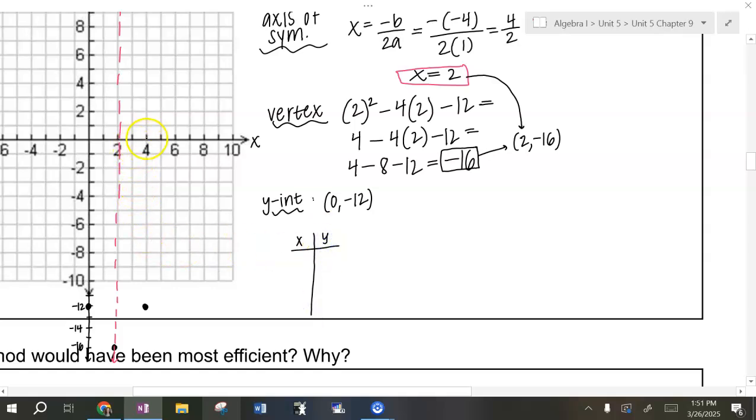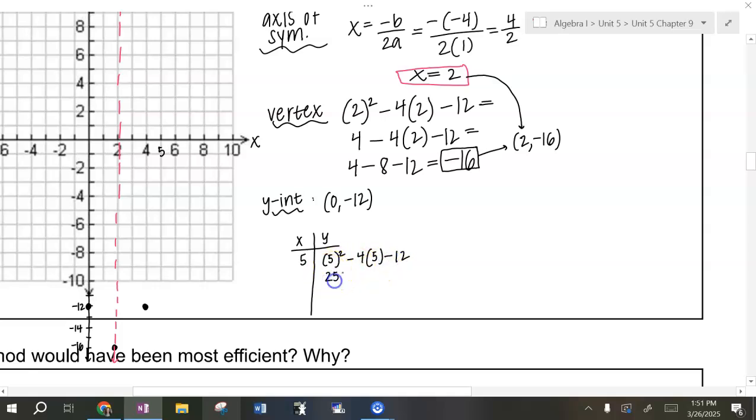We already know that when x is 4, y is negative 12. So we can guess, okay, maybe let's move over 1. Let's plug in 5 for x and see what we get for y. In the equation, we would have to do 5 squared minus 4 times 5 minus 12.